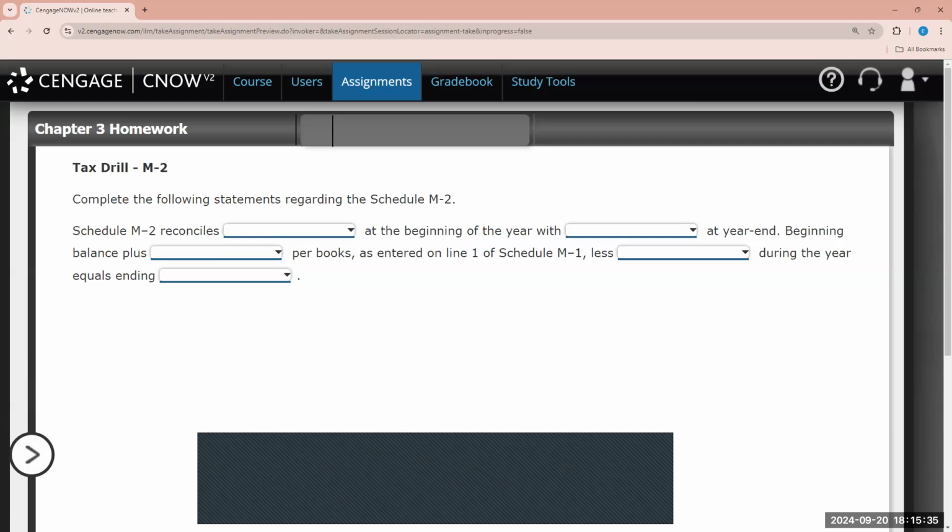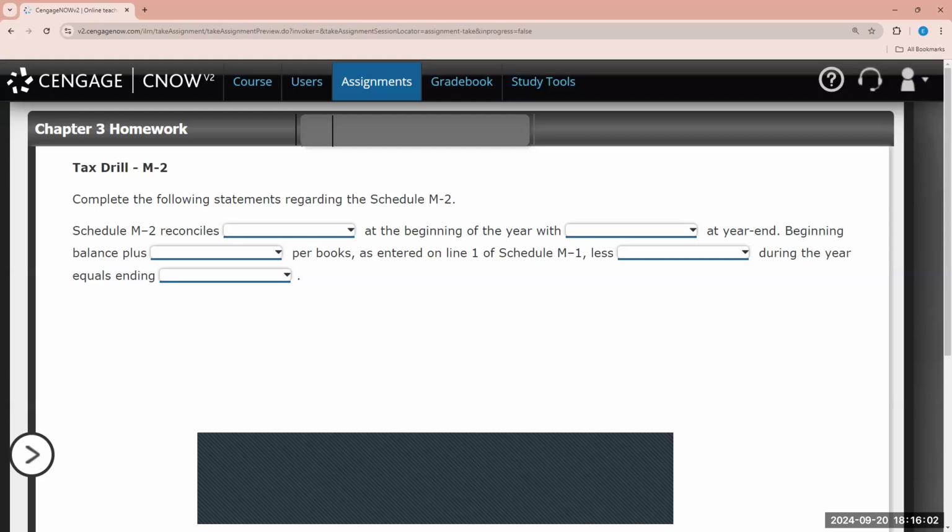So in order to calculate this, it's the beginning balance plus the net income per books as it's entered and reported on line 1 of Schedule M1. Then from there, we subtract any dividend distributions during the year, and that essentially equals the unappropriated retained earnings. So there might be some other sources of increases or decreases in retained earnings that are also listed on Schedule M2.